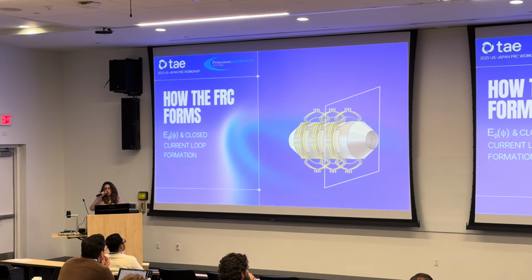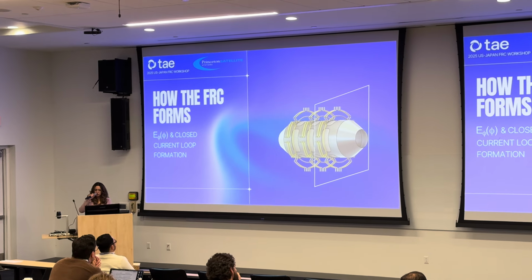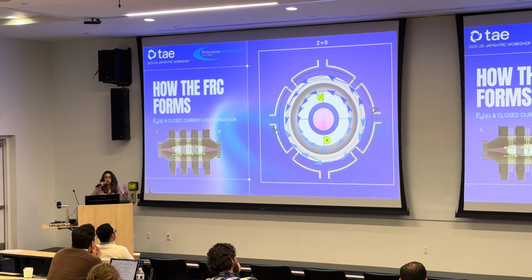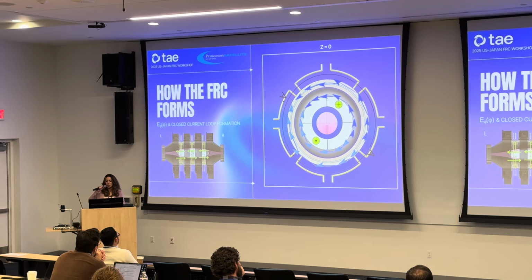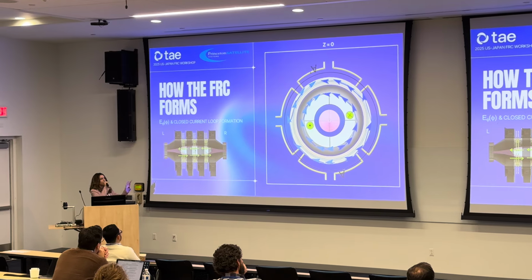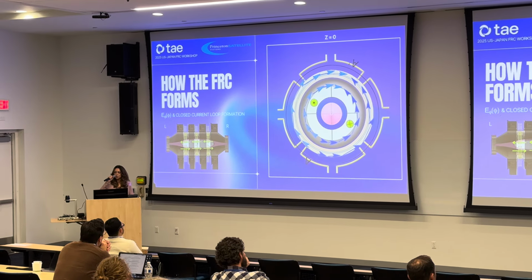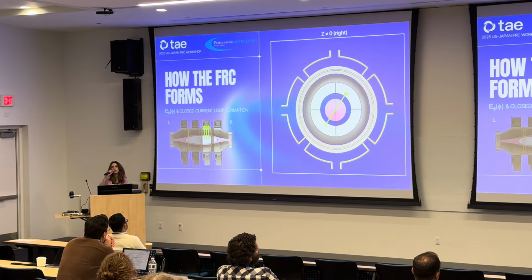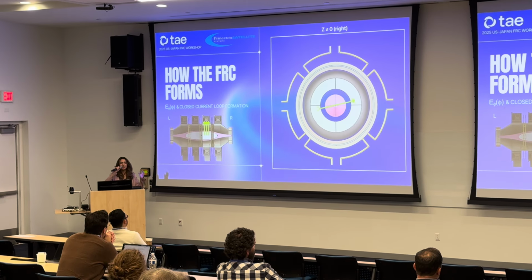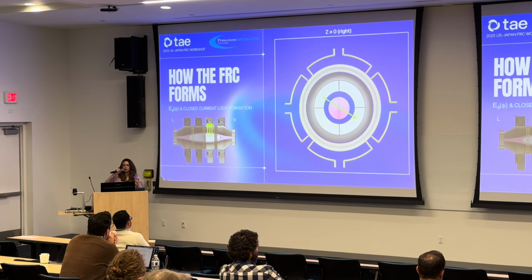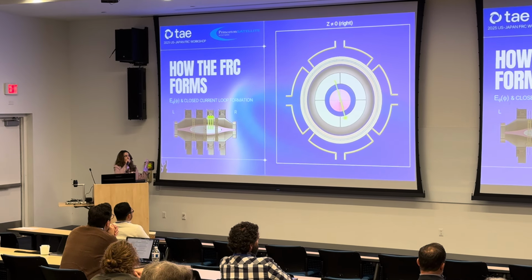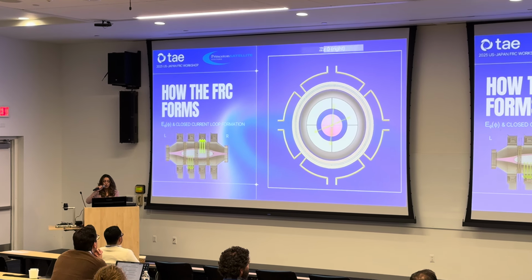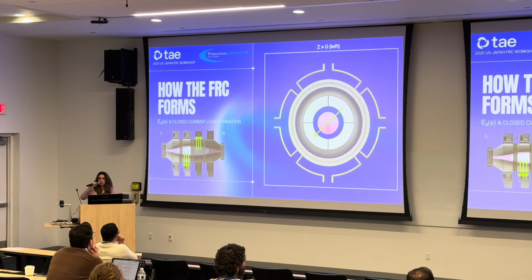Now, the way our FRC forms, if we take a cross-section in our reactor, the RF antennas generate rotating magnetic fields, which was the green part in this diagram, which induced azimuthal electric field. Now, if we are looking at an example where the background mirror field is going from right to left, we would want the direction of the magnetic field on the right side to be pointing upwards, and on the left side to be pointing in the opposite direction.